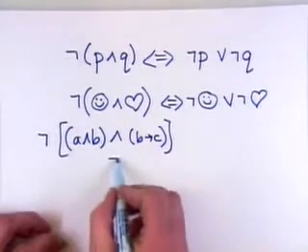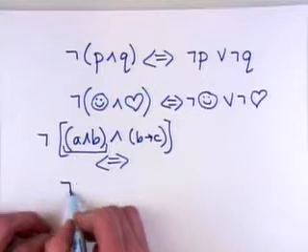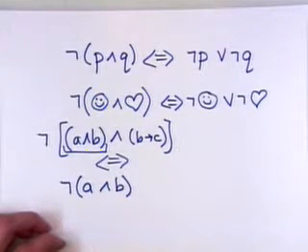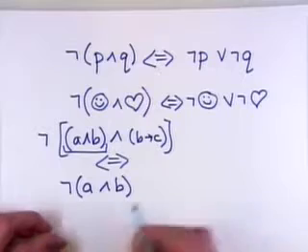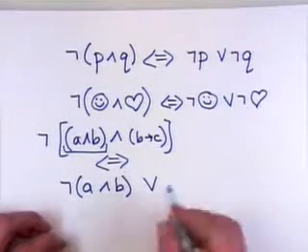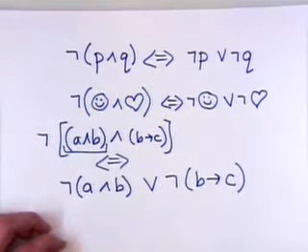And using De Morgan's, that would be logically equivalent to negating the first variable, not the quantity A and B, changing the AND into an OR, and then doing what? Negating the second variable. So that would give me not B implies C. So you can see that using brackets and parentheses is going to be really important when you start to have more than two variables or more complicated combinations of variables.